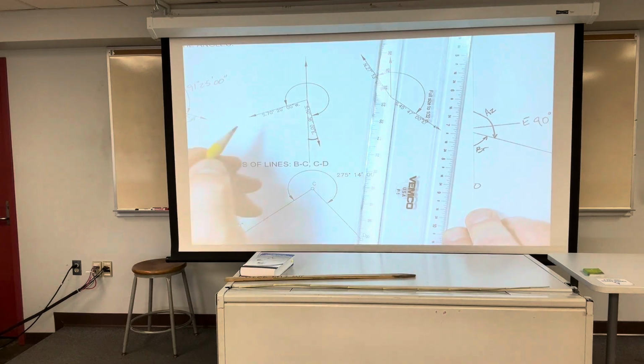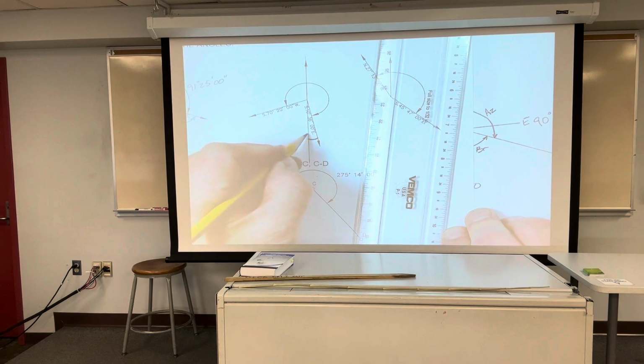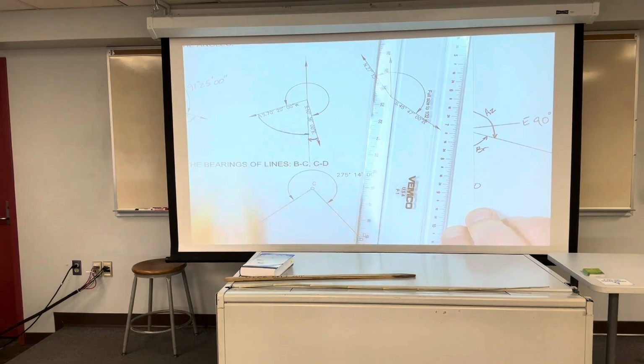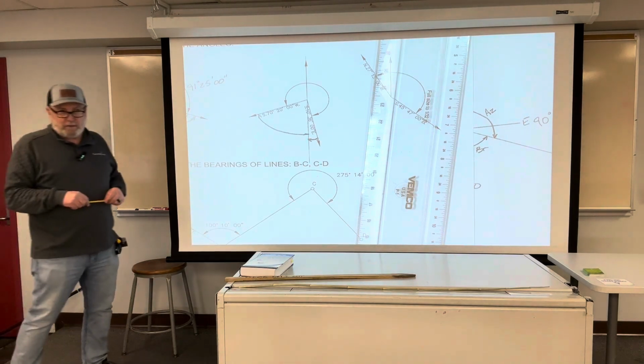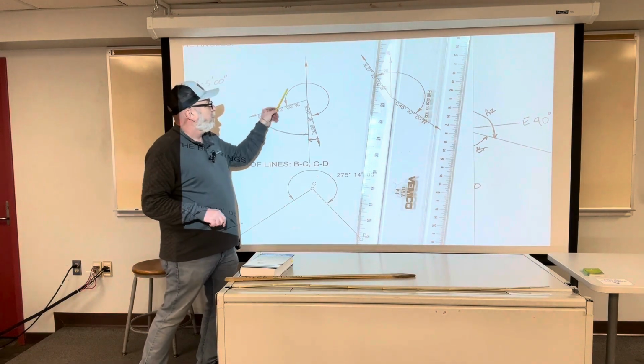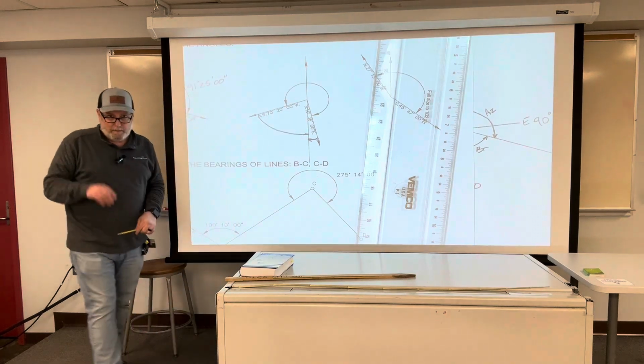That's telling me this right here. And this bearing is telling me this right here. Care to take a stab? Walk me through how you're going to solve for this exterior angle.